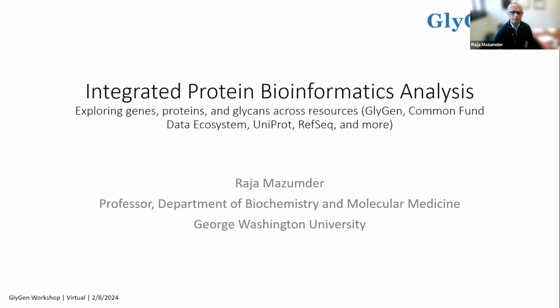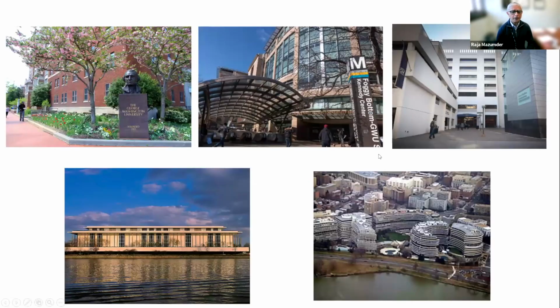So with that, I want to say a little bit about where I am located. I am here at George Washington University, which is right outside the Foggy Bottom Metro in Washington, D.C., walking distance from the White House and the National Mall and other nice areas for tourist attractions.